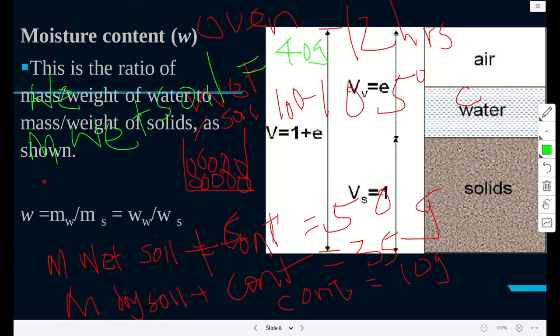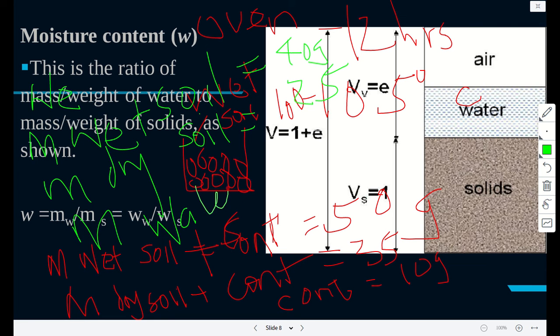Then the mass of dry soil would be 35 minus 10, so 25. Then the mass of water is the difference between these two, which is 15.